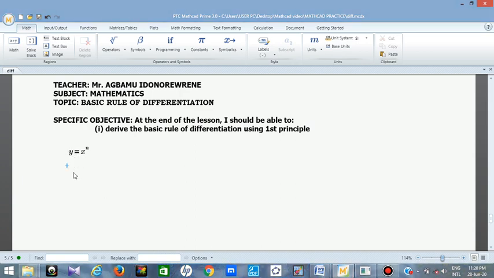So I'm going to have y plus delta y, which equals, you open your bracket, because x is raised to power n, so n is outside the bracket, it's not part of x, which is x plus delta x raised to power n. So this is the first thing we do.